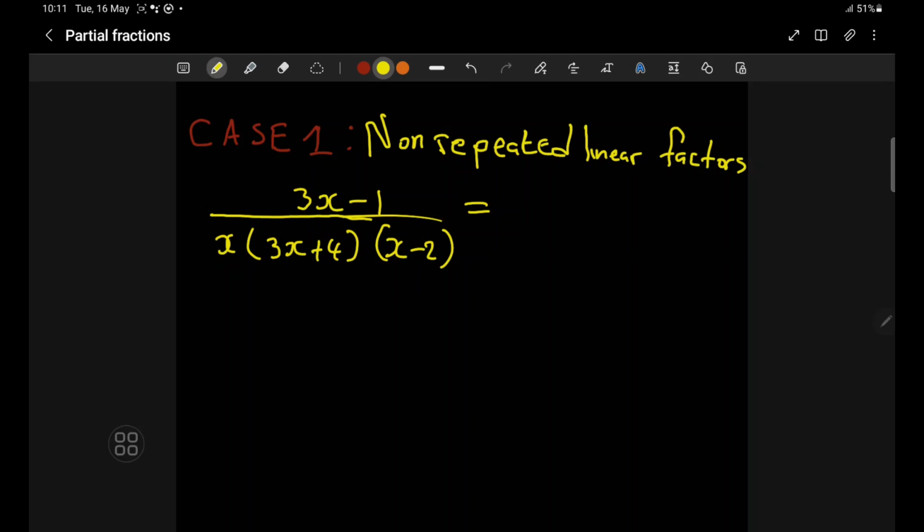So the partial decomposition will be of the form a over the first factor, which is x, plus b over the other one, which is 3x plus 4, and lastly plus c over x minus 2. This will be the partial fraction decomposition of a case where it's non-repeated.